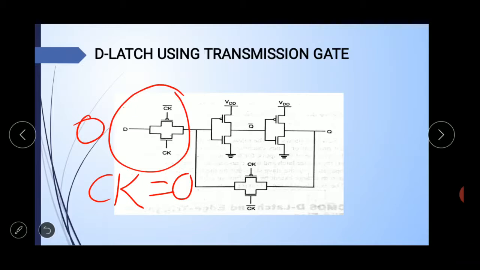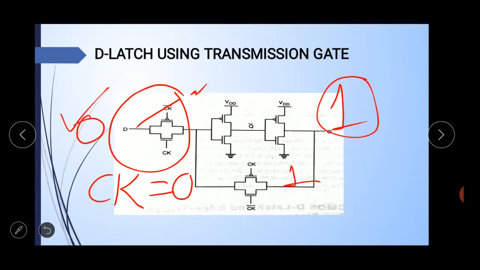This data cannot be transmitted to this point, as this one is an open circuit. So in the previous step, here we got 1, so here 1 comes to this point, then clock equal to 0 means here clock inverted, means 1 is given and here 0 is given.